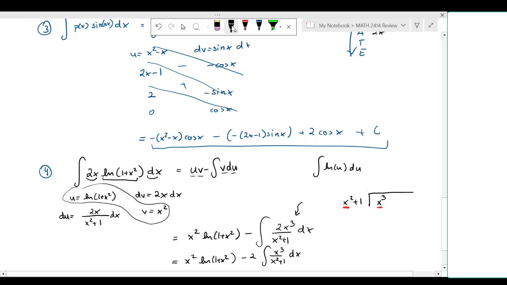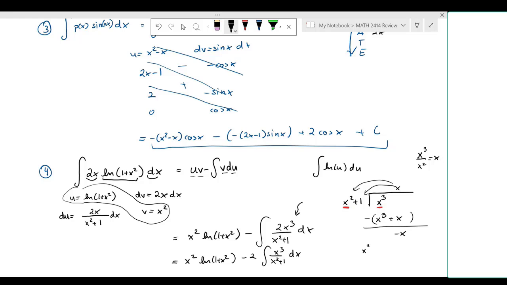Yeah, x. You can also think of it as just dividing x cubed by x squared, so you get x, and that's what you get, just x. And then you multiply through. So you might need to review long division of polynomials if you haven't already. And you get minus x. Okay. And so we know to stop, right?